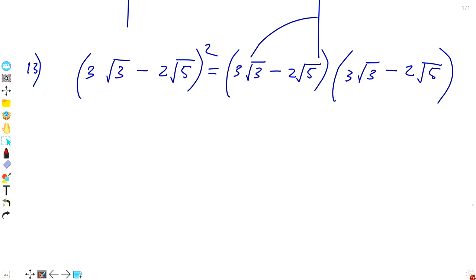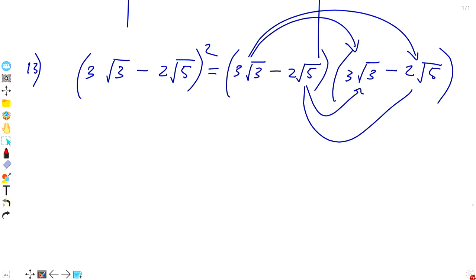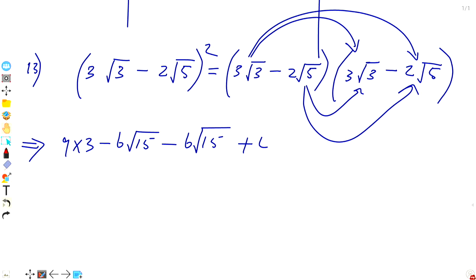Now what you do here, you are multiplying like this and you are multiplying like this, right? Then if you do so, you will have 3 square root 3 times 3 square root 3, which is going to be 9 times 3. Then the next one you have minus 6 times square root 15, right? Then this one you get minus 6 times square root 15. Then the other one plus 4 times 5, right?